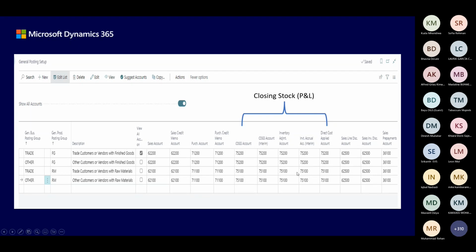What about the inventory adjustment account? The inventory adjustment account is for when there are manual inventory adjustments using item journals.